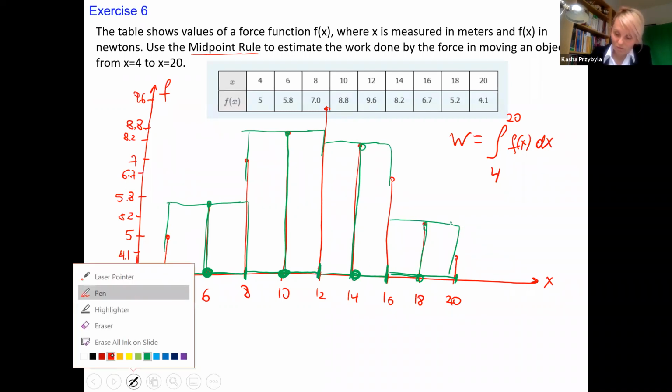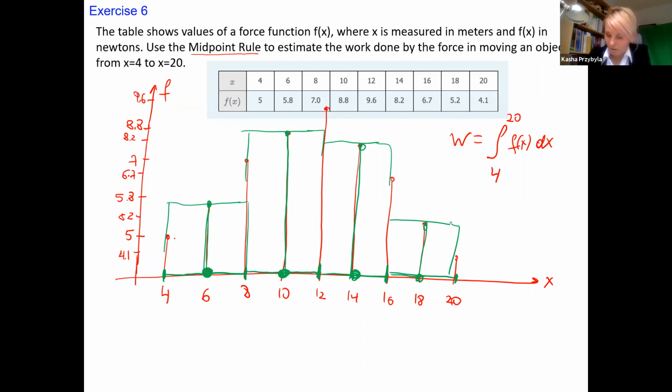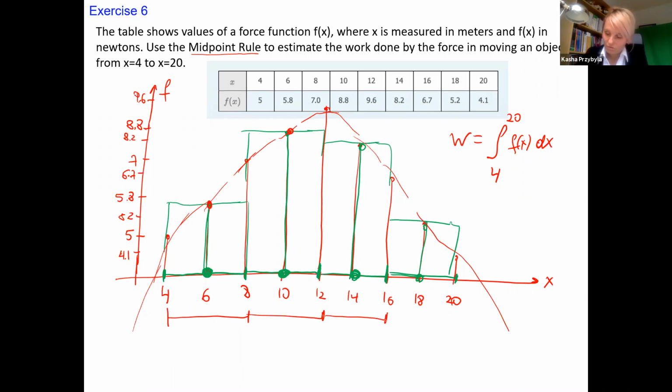Because normally the function looks, yeah, that's my function. That means how can I approximate the area under it? Of course, I can use so tiny intervals, but if they're saying midpoints, then I'm just creating 1, 2, 3, and 4 intervals.